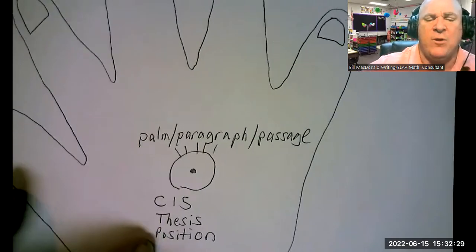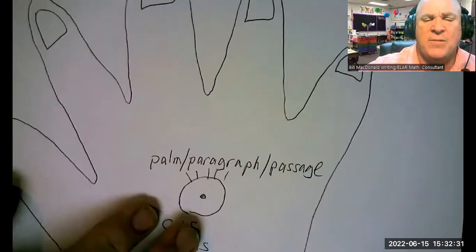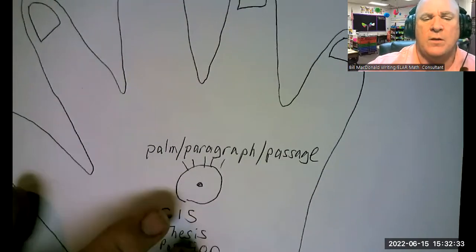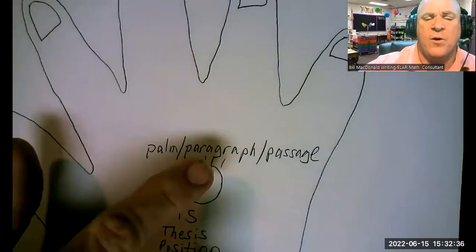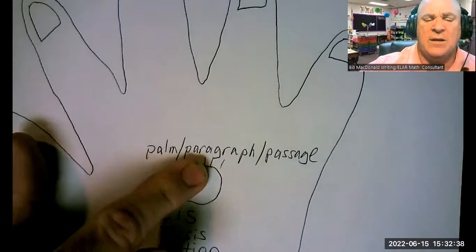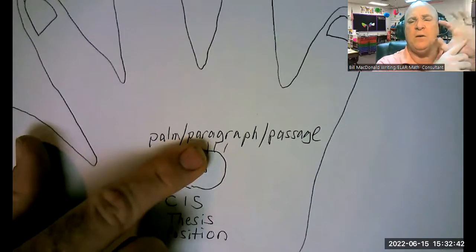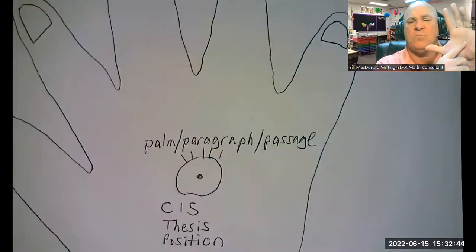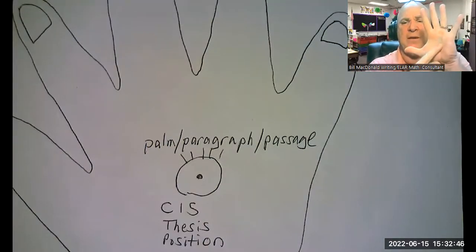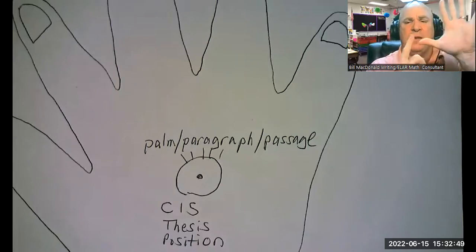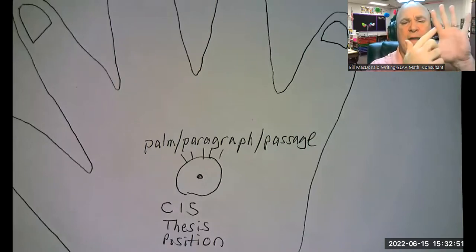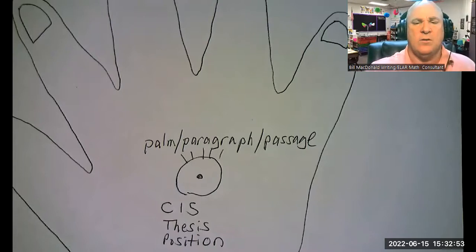And that means that if I touch the center of my hand, whatever focus sentence or central idea, thesis, or position I pick, I better be able to feel all of my muscles moving, because it has to be tied into everything in the introduction, the body, and the conclusion in order to be the best thesis.